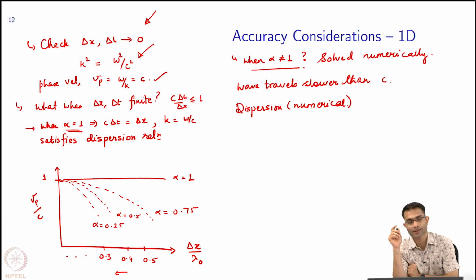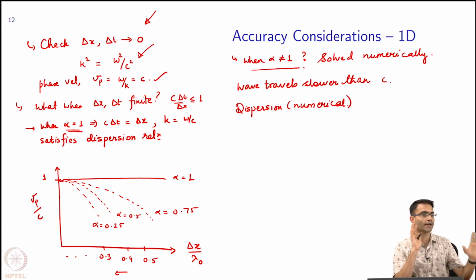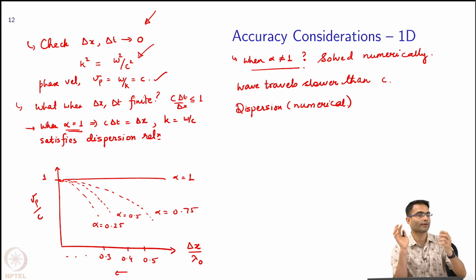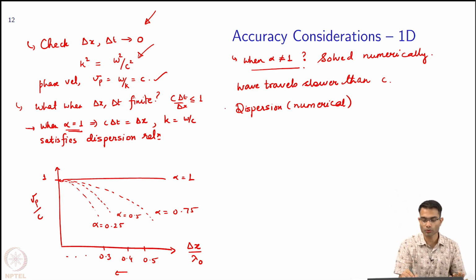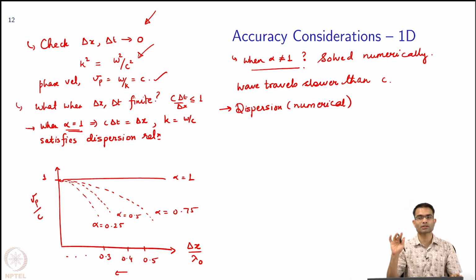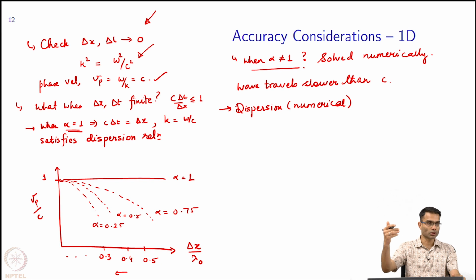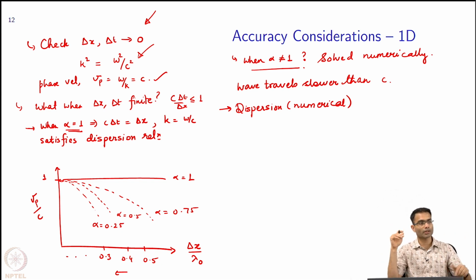No, that is numerical convergence. That is, once I have fixed my delta x, delta t, alpha, I will check whether the solution is converging or not. That is not what I am talking about. I am saying I know, based on this discussion, that my wave will have numerical dispersion. I want to mitigate that effect. I do not want my wave to be numerically traveling at a speed different from what it should physically travel. What knobs do I have in my hand to reduce this effect?